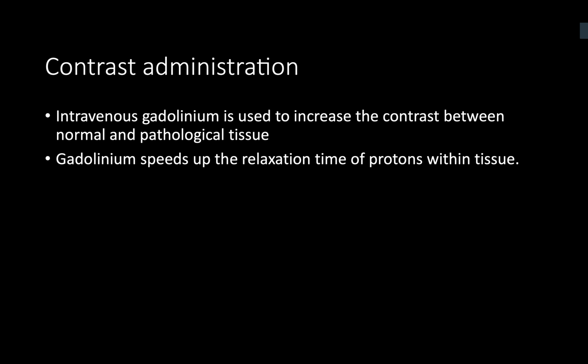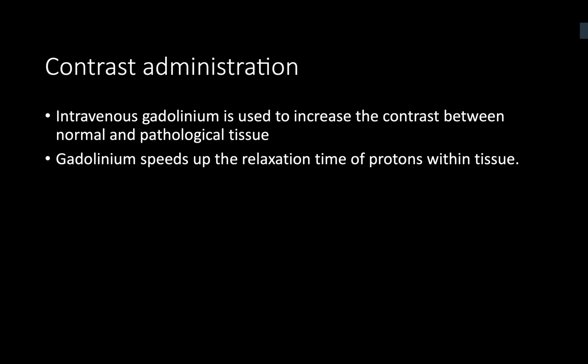Okay. What contrast we use for MRI scan? Gadolinium contrast. Okay. And how does gadolinium improves the accuracy of reporting the MRI scan? So the principle is that in cancer cells you have hypervascularity and also blood vessels that aren't properly formed.